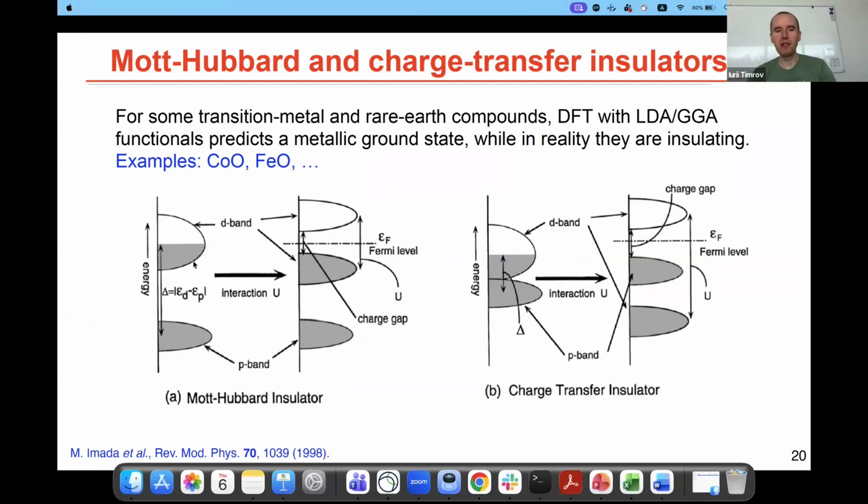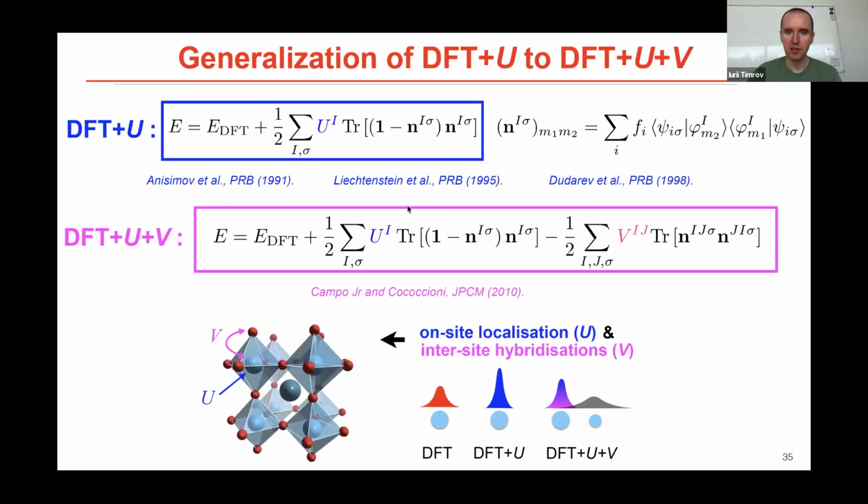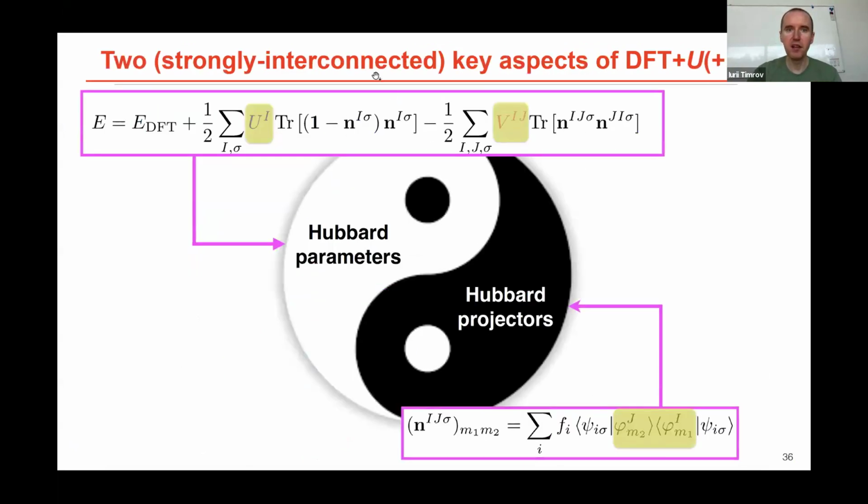So we apply the plus U correction to penalize the metallic solution. And when you do that, x becomes 0, an empty state, or x becomes 1, an occupied state. So when you apply plus U, you go from partial x to x being 0 or 1. You really act on it like that, mathematically speaking. I hope that answered your question.